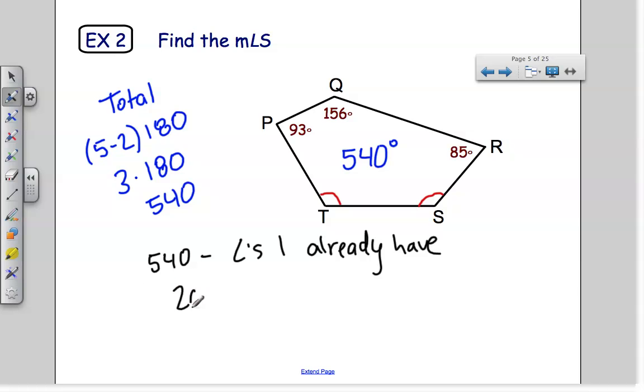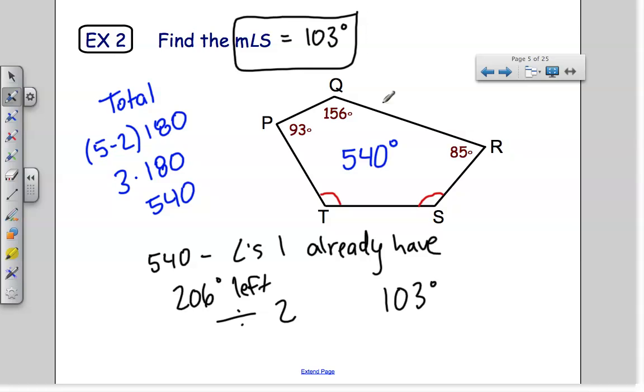And I have 206 degrees left, but that's for 2 angles that are congruent. So I'm going to divide this by the 2 angles since they are the same. And I have 103 degrees left for angle S and T, so that all these angles add up to that 540 that a pentagon should add up to. So again, our interior angle measures there.